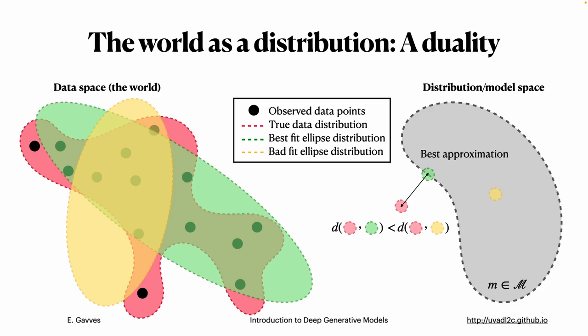Do assumptions about the world reduce the model space that we show here? Well, the assumption is the model, the inductive biases you add to the model. If you have, for instance, a VAE, as we'll see later, with a Gaussian latent space, this describes all the VAEs with this Gaussian latent space.